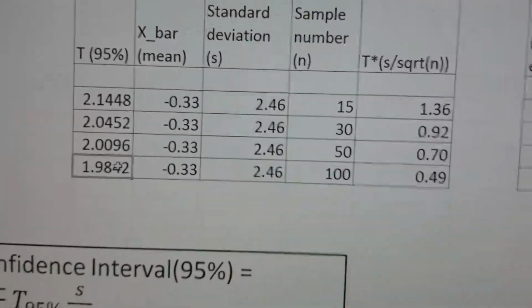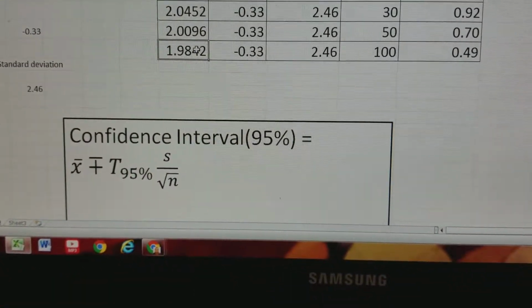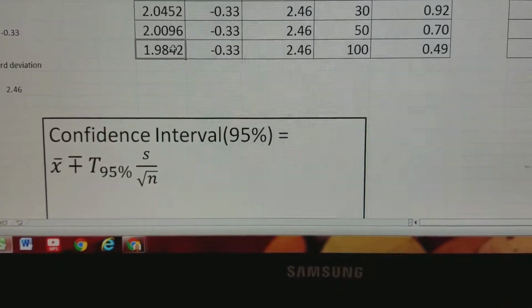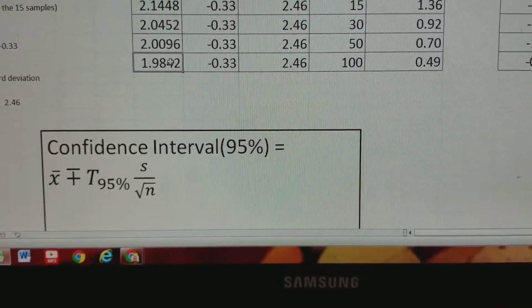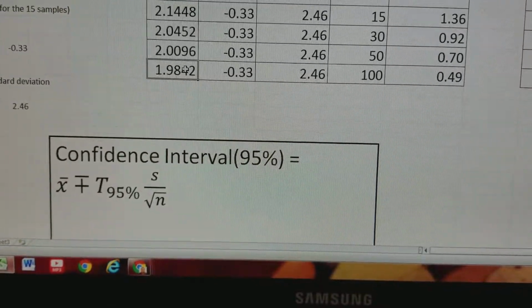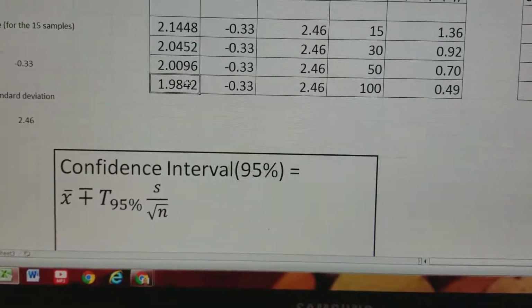So if you're taking a basic class, and you're not talking about t values yet, then just go ahead and use the z value. It's going to give you a very close approximation. If you are using the t values, then you would go ahead and use the t values.